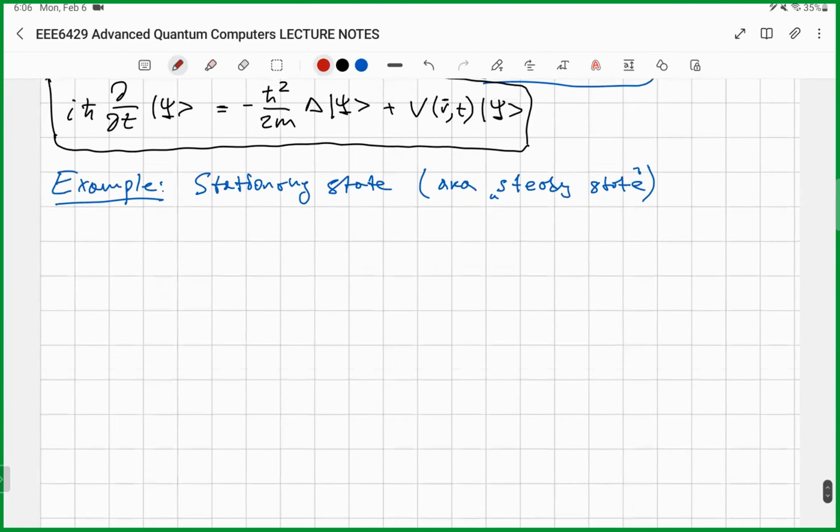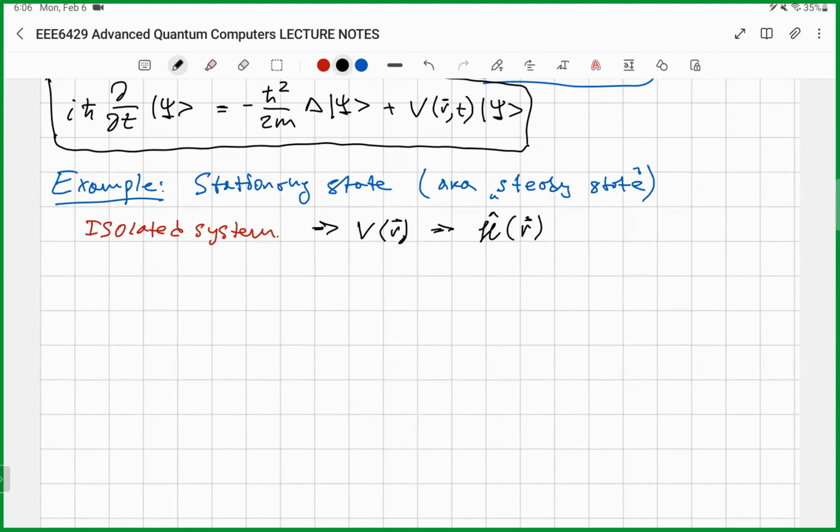And in this case, this is a so-called isolated system, right? It doesn't interact with other systems. And in the case of an isolated system, the potential doesn't depend on time. And as a result, the Hamiltonian is also a function of coordinate but not time.